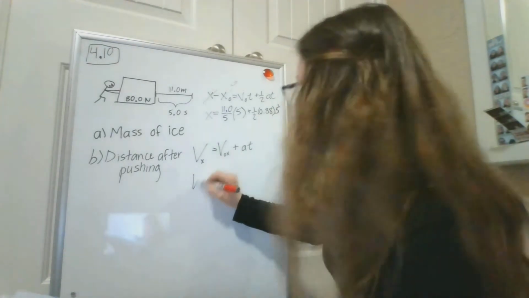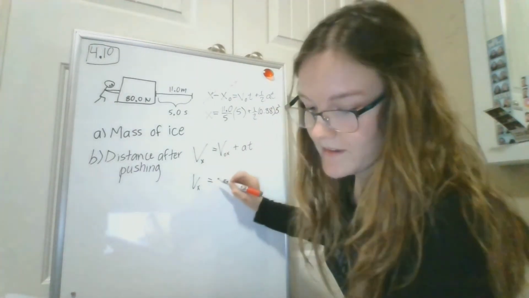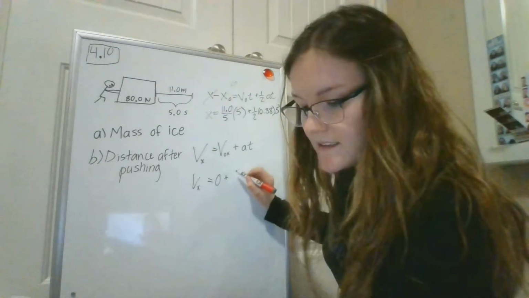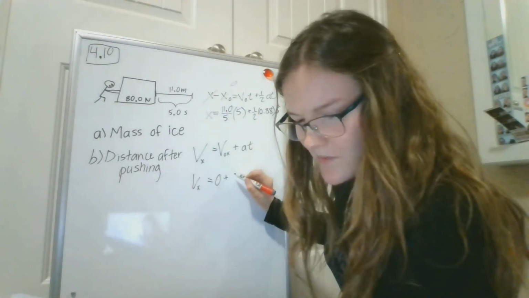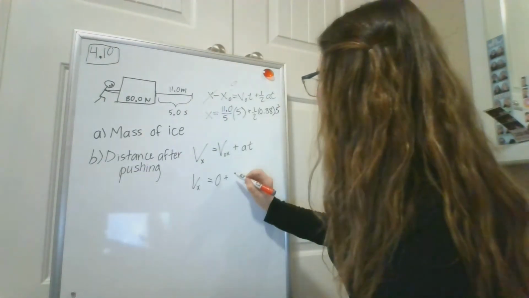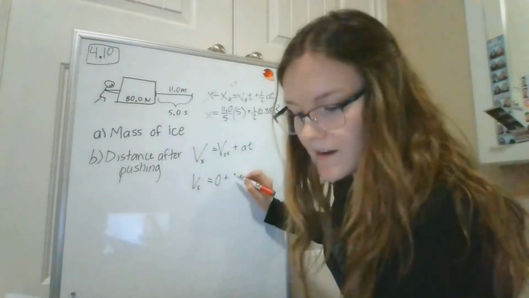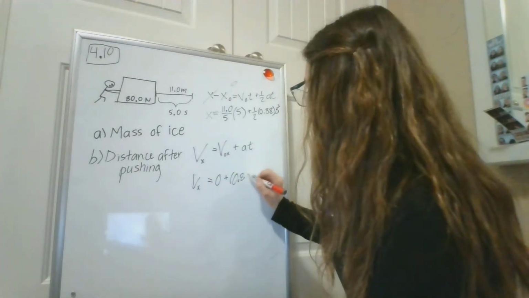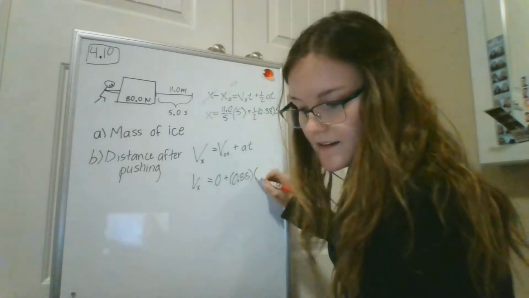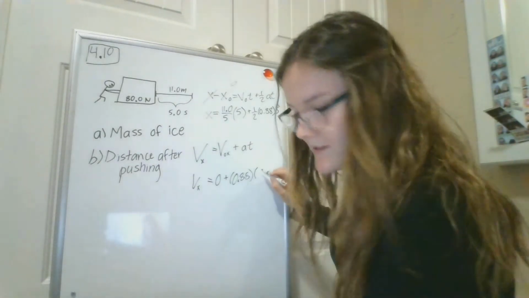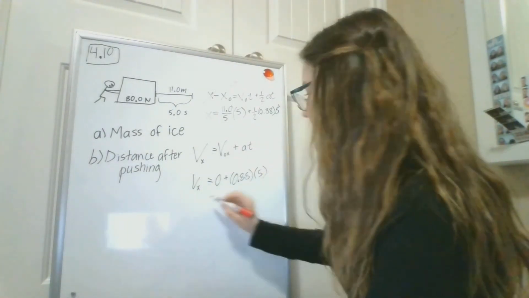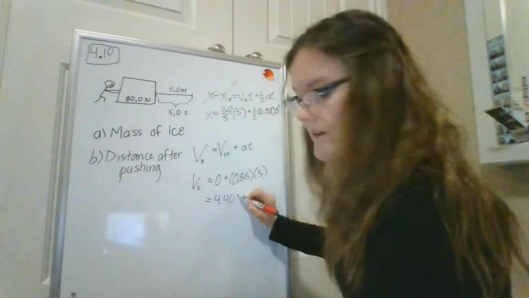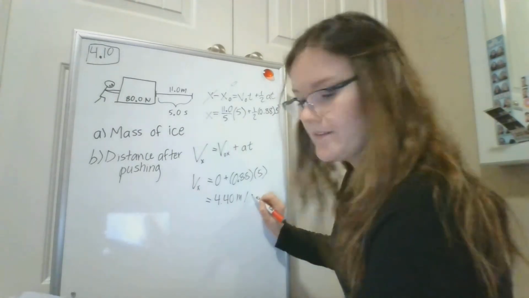So our velocity is equal to, well, it had no initial velocity, 0 plus times our acceleration, which is 0.88, times our time, which is 5 seconds. And that equals 4.4 meters per second. That's the velocity that it's traveling.